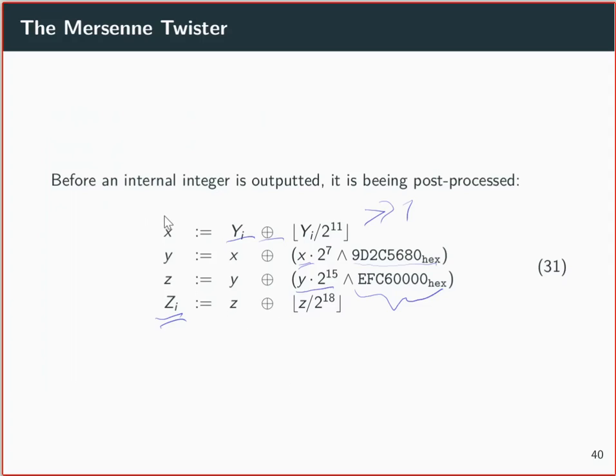Now this looks pretty strange as an operation. This is what guarantees the equal distribution of the outputted numbers. And as it turns out, these steps are reversible.